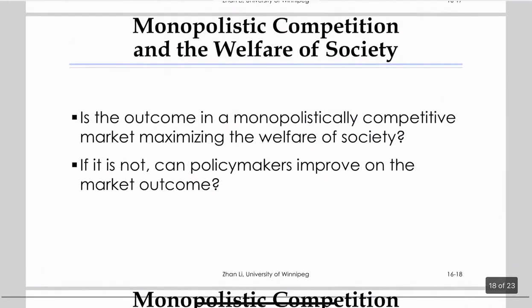Okay, finally, we could formally talk about the welfare implication. We want to understand whether the outcome in a monopolistically competitive market maximizes the welfare of society. So we're trying to think about whether it is efficient.